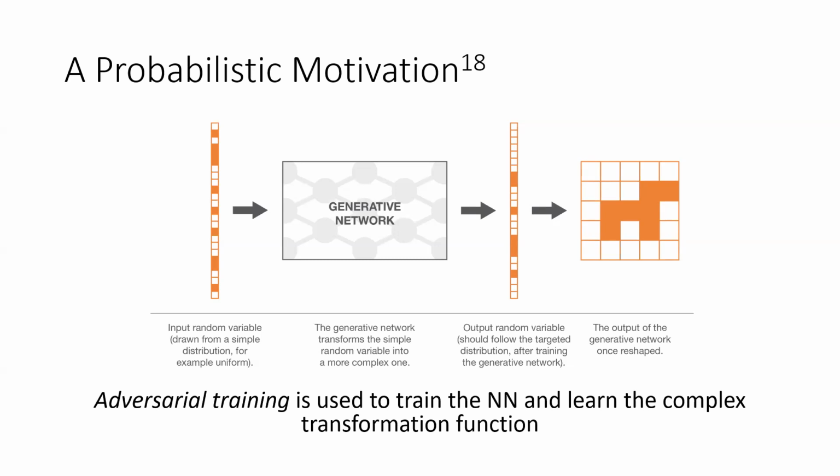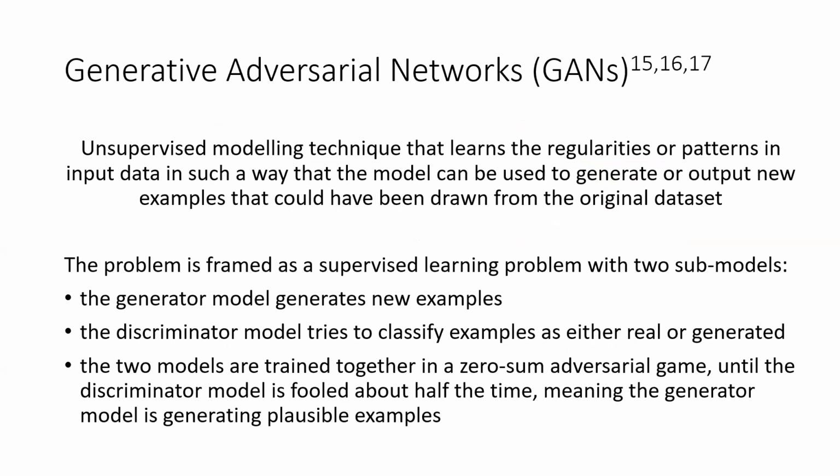Okay. And the name GAN comes from the adversarial training that is used in order to train this neural network to learn this complex transformation function. So, as I said, this is just a motivation. It has not been proven or anything. That's basically how one can think about it.